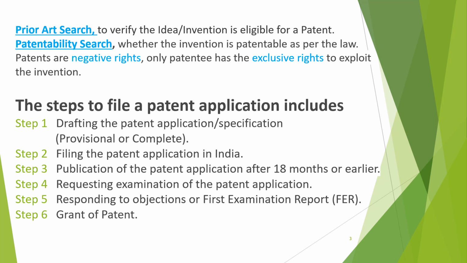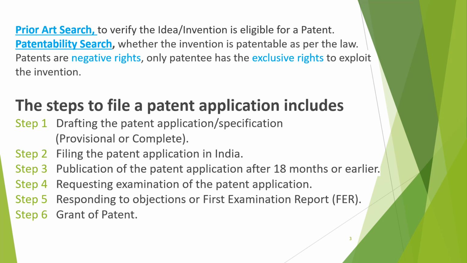There are steps which are required to be followed to file a patent application. First is drafting a patent application. If your research work is still not ready, you will file a provisional application. An application is generally referred to as a specification, so you will file the provisional specification.